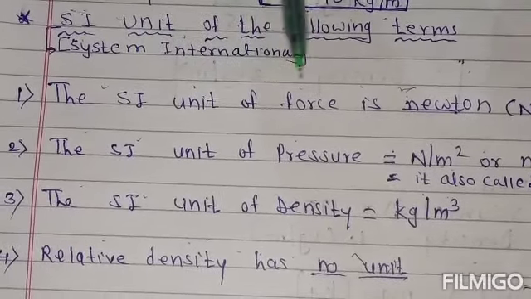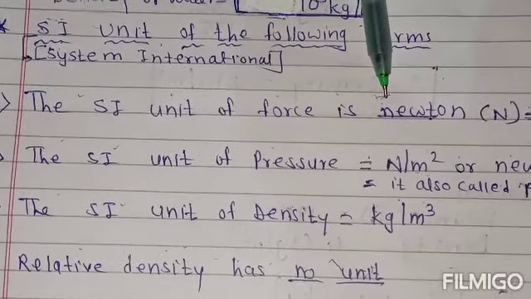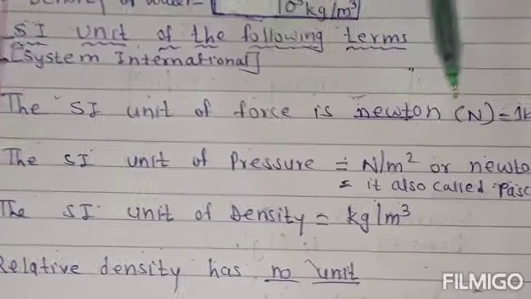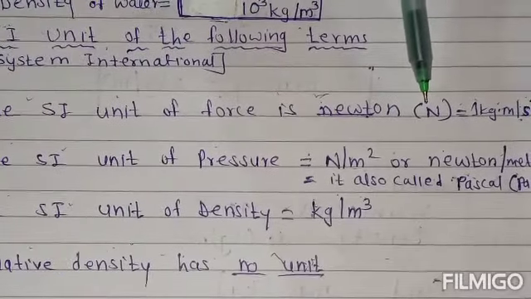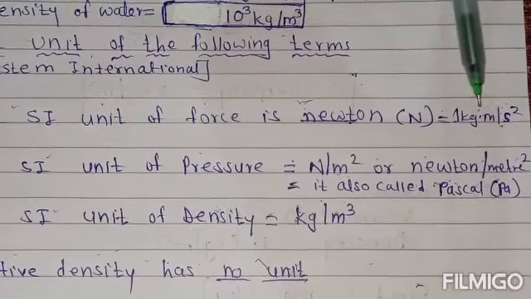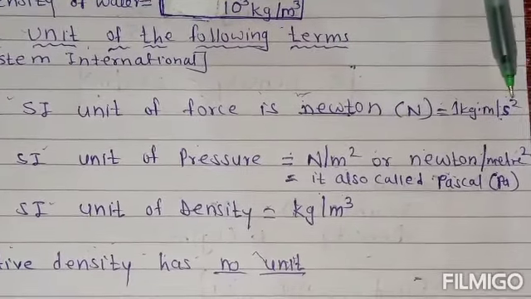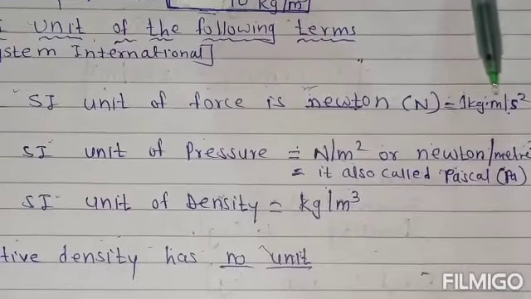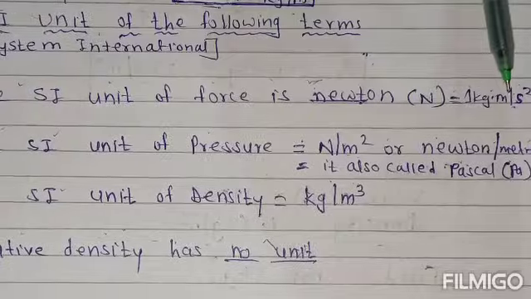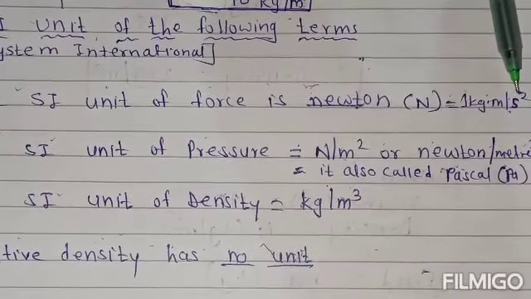The SI unit of force is Newton. When we write the full word Newton, n should be written small. When we write the symbol, N should be written capital, which is equal to 1 kg meter per square second, or we can also say 1 kg meter per second square.